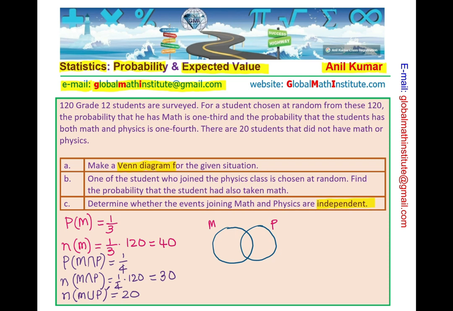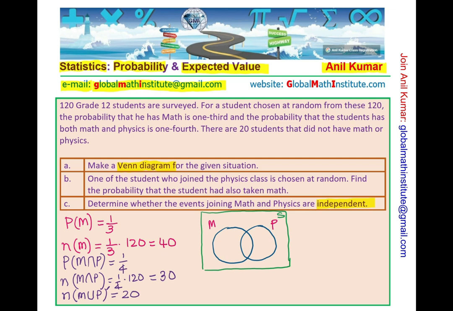Also, whenever you make a Venn diagram, do not forget to make a box. That means the whole population we are looking into, 120 students. Normally we write S or U on the top. Let me write S here. Make sense? Follow correct procedures so that you get marks for communication also.